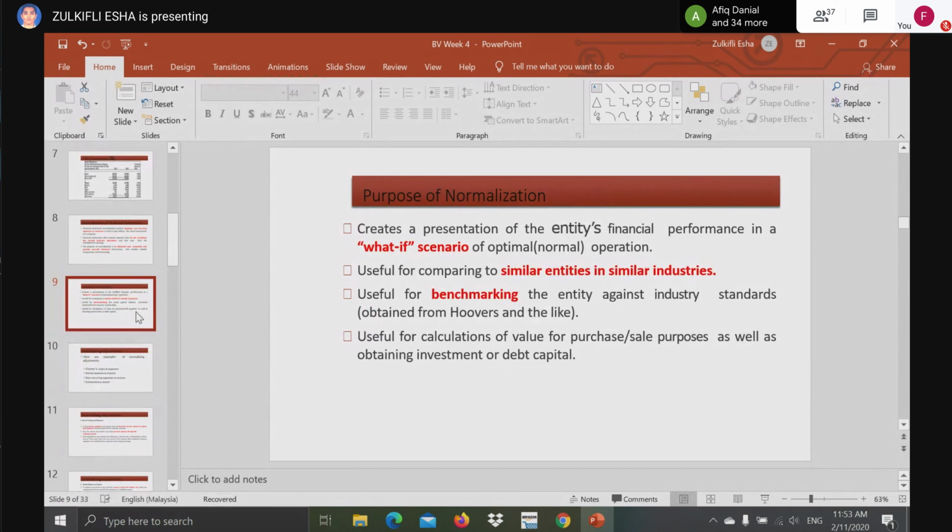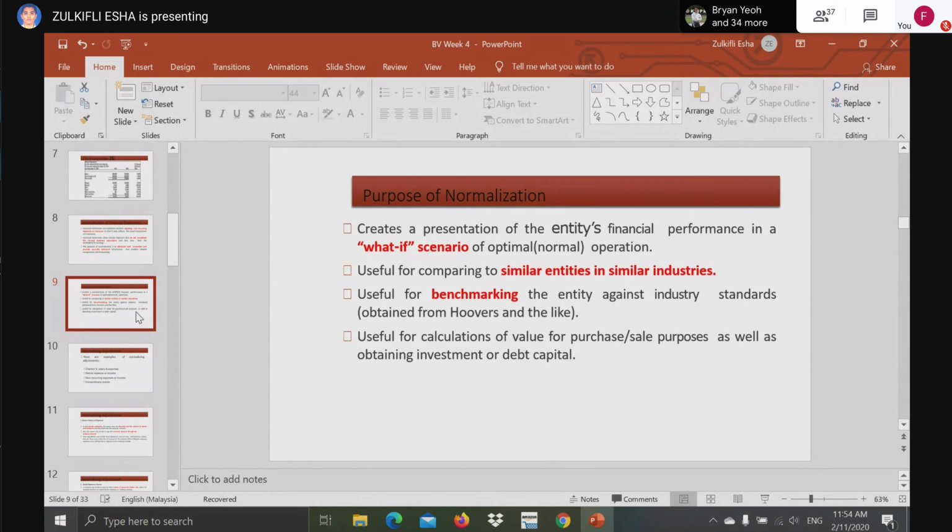So the comparison between your companies and your competitors within the same industries is also very useful for benchmarking purposes. So you need to benchmark your company. Where are we within the industries?